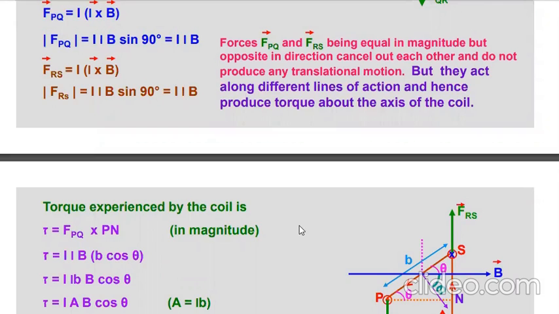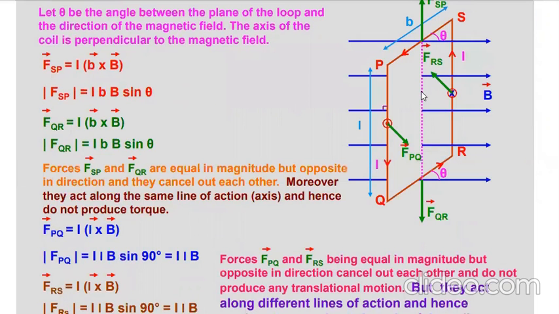Here, this is the axis of rotation, and from here the perpendicular distance is this one.